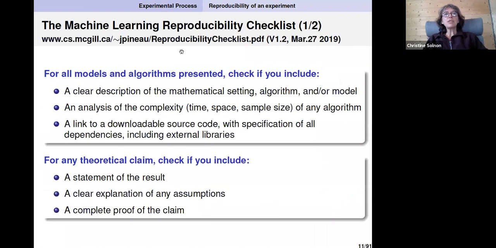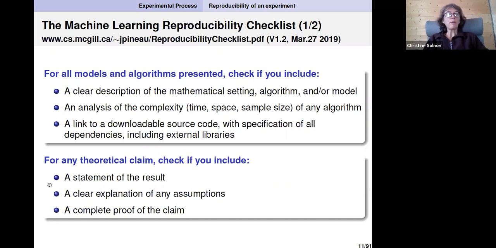Here is a checklist which has been provided for machine learning conferences, but I think it is a very nice checklist, and we can use it also for constraint programming and combinatorial optimization conferences. The first thing to check is that you have a clear description of your algorithm and your mathematical setting, an analysis of the complexity, and of course a link to everything needed to reproduce the experiment.